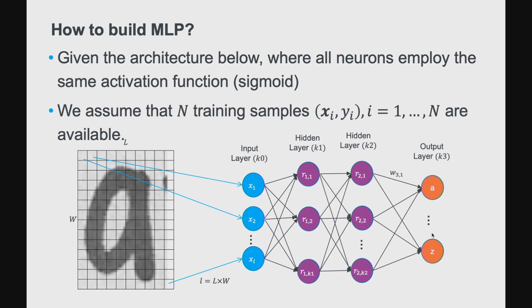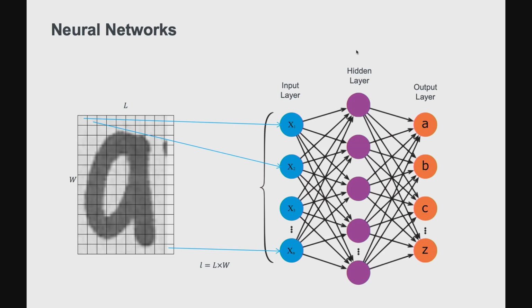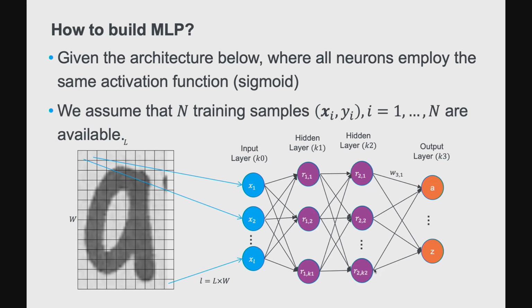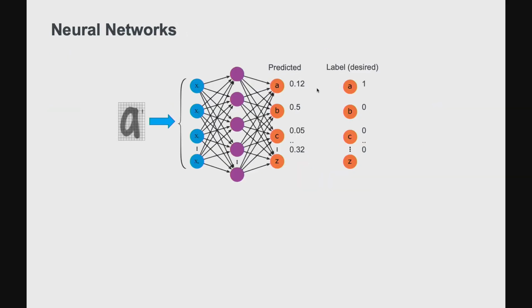Now the question, of course, is which architecture do you want to use? We know from the universal approximation theorem, if you have enough neurons here, it will work. It will work if we can train the weights well enough, which is a challenge. We assume always that we have a certain number of training samples. And these are the weights that we want to learn.